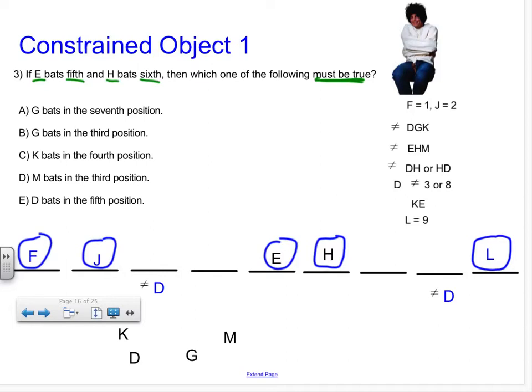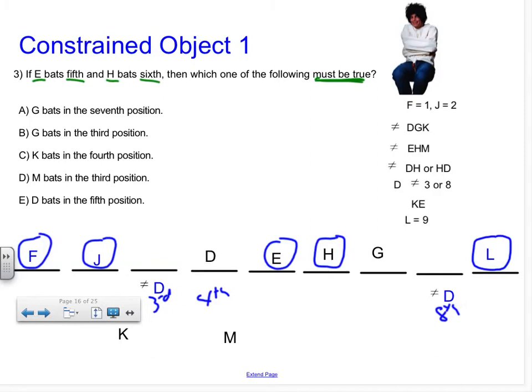What else do we have? Let's take a look at A. G bats in the 7th position, so G would come over here. What else do we have? D is constrained to the 4th position because it can't go into the 3rd or 8th, so let's put D in the 4th.